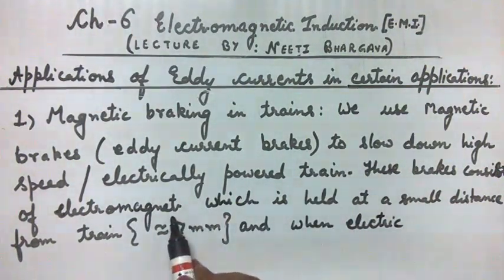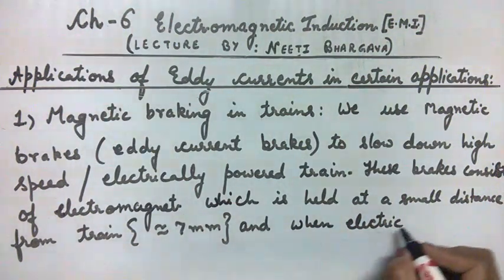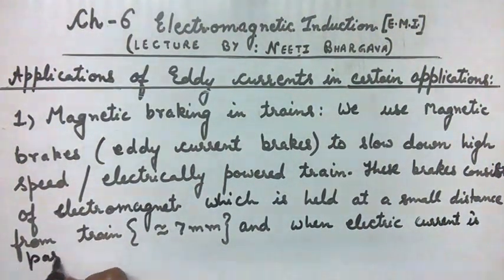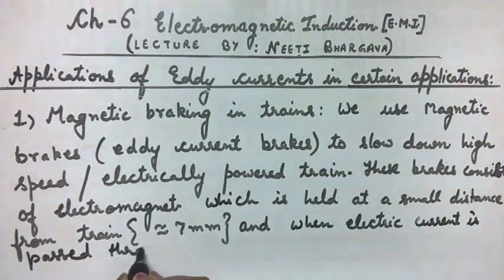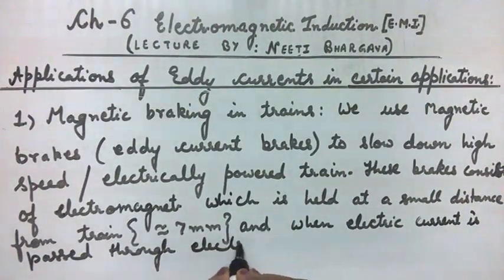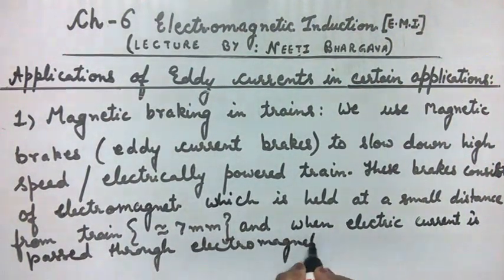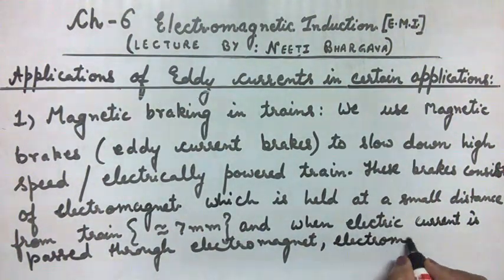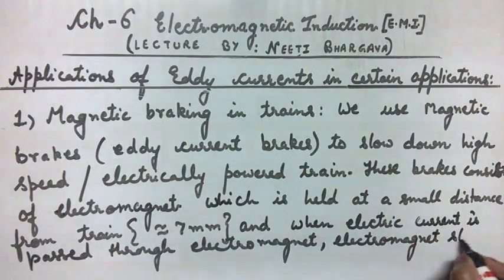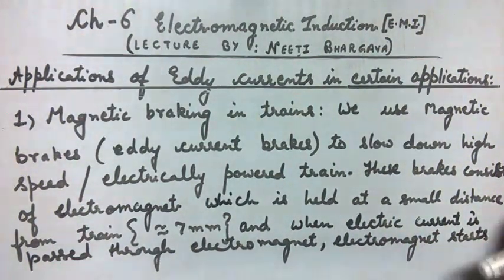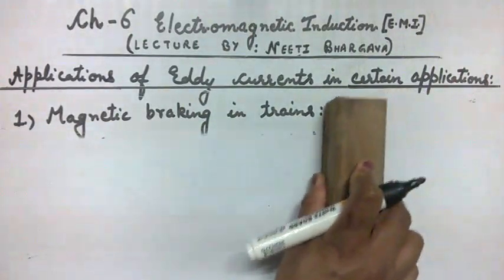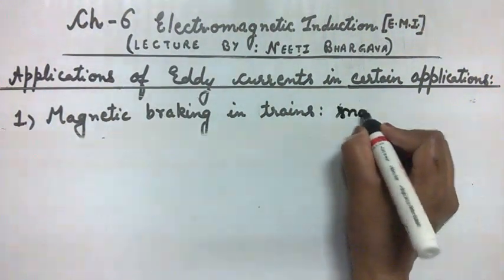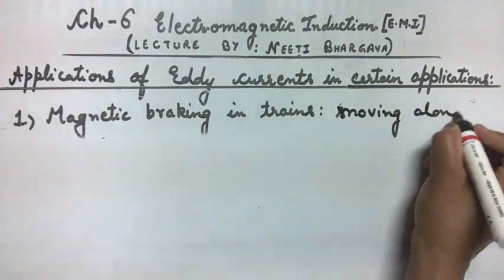That is, when the electromagnet gets activated, it starts moving along the direction.